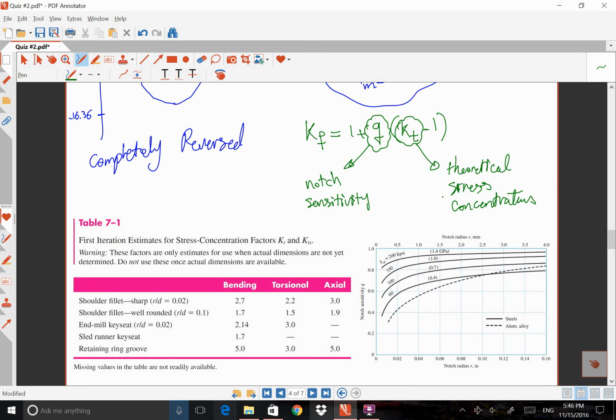Okay, and these two can be found from tables. q can be found from two tables, and Kt can be found from Appendix 15 and 16.